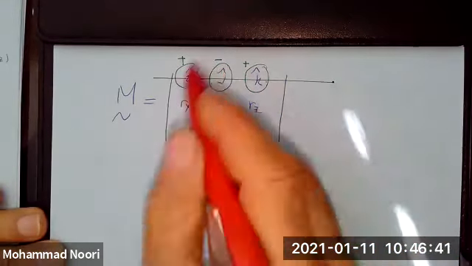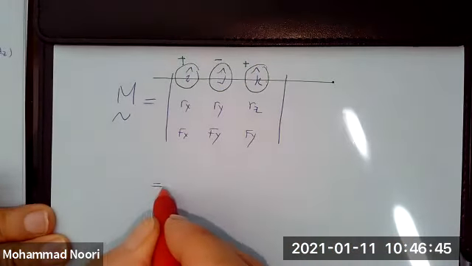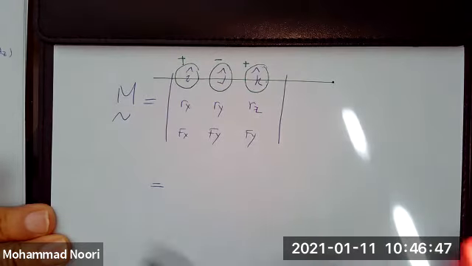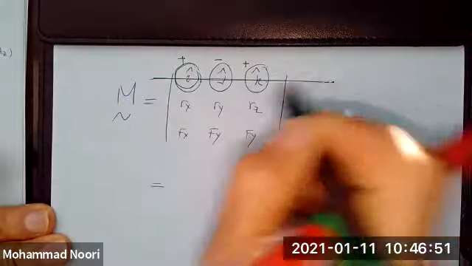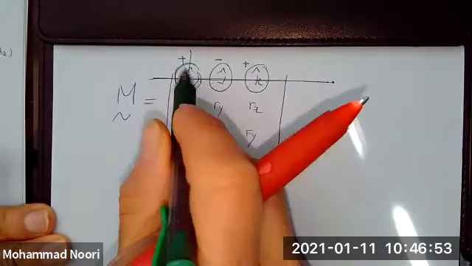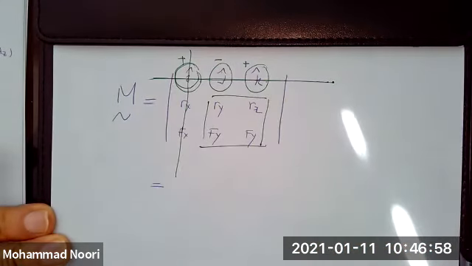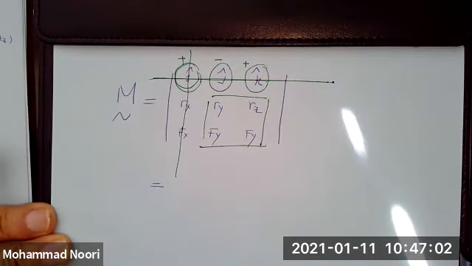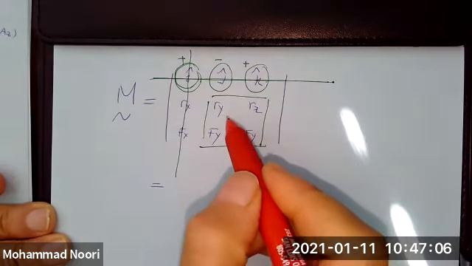In order to expand this determinant, in other words, find the value of this determinant, you consider the first element, and then you eliminate the row and the column corresponding to that element. So you end up with a 2 by 2 determinant. The value of a 2 by 2 determinant is always obtained by performing this operation.